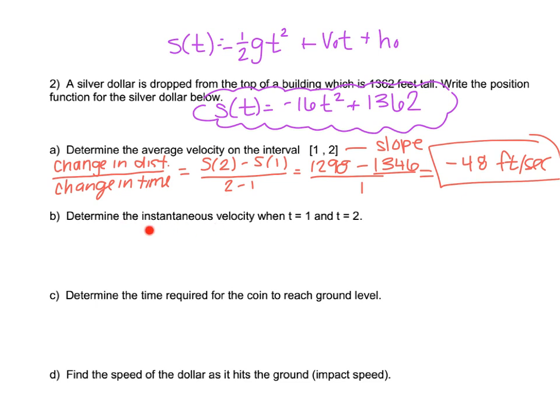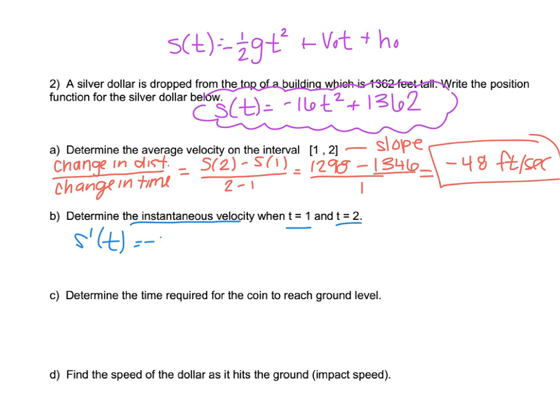Determine instantaneous velocity when it's been dropped for 1 second and 2 seconds. So that's 2 different questions. Instantaneous velocity, that's where we're using the derivative. So let's figure out the derivative of our position function. Bring down the 2, multiply it by negative 16.